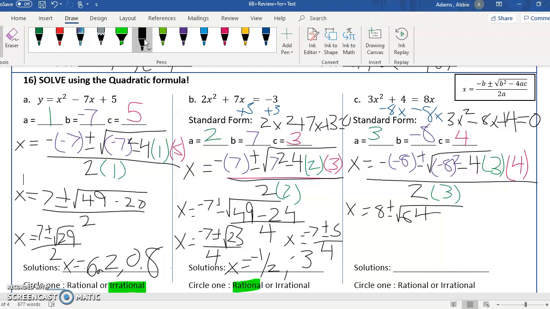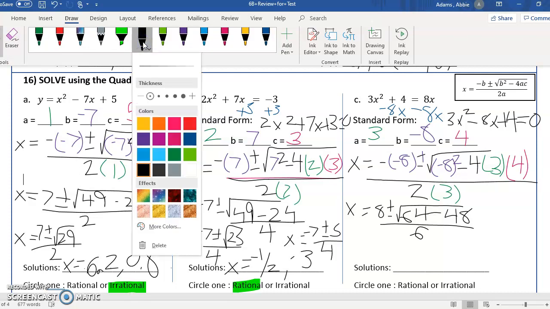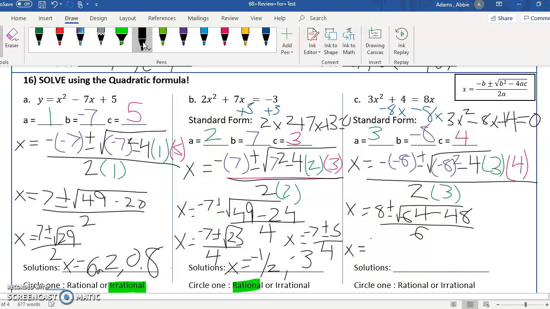So 64 minus 48. And that will all be divided by 6 because 2 times 3 is 6. So simplified down again, 64 minus 48 is going to give me 16. So x equals 8 plus or minus the square root of 16 divided by 6.